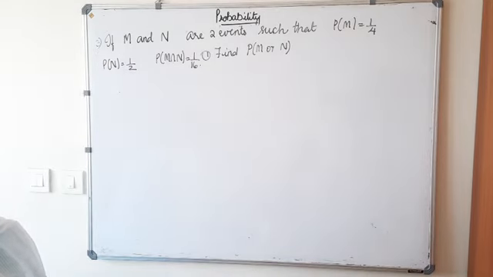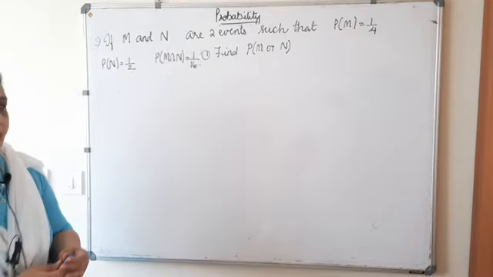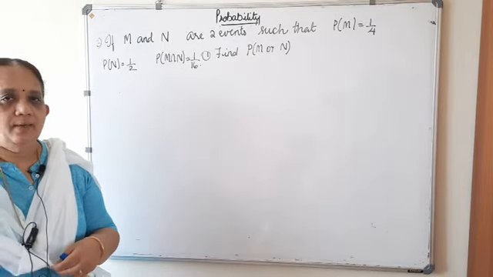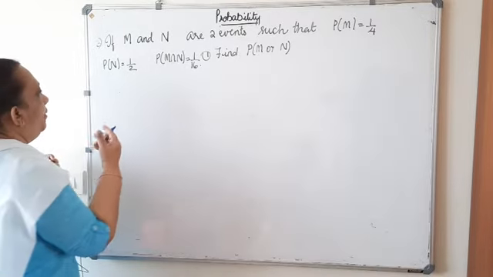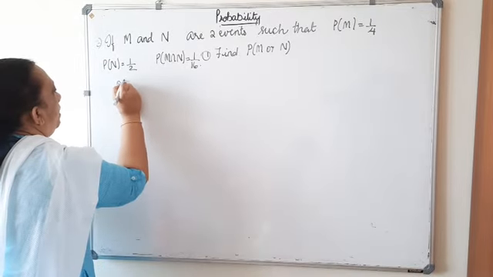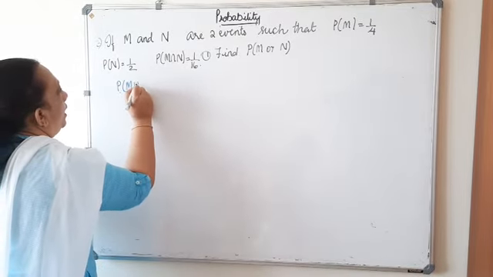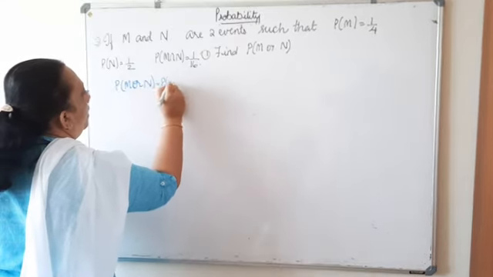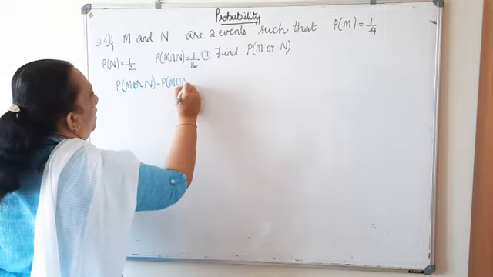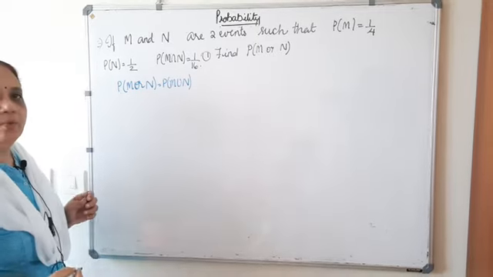So you should know what is P of M or N. In the set theory we have studied what is OR. OR means union. Find P of M or N, that is P of M union N. And what is P of M union N?